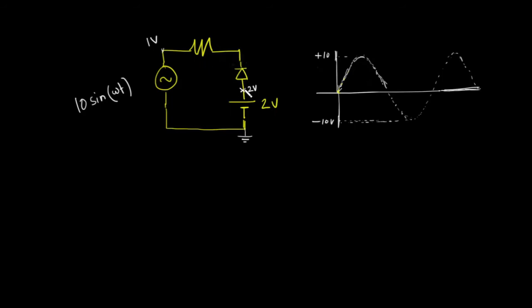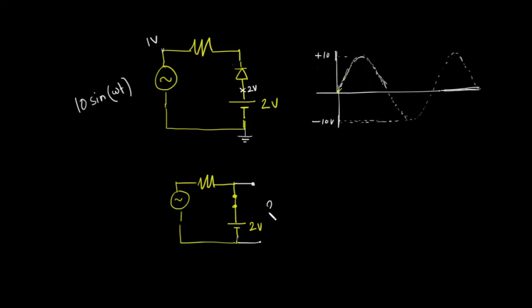So in any case, this point will be at a lower potential than 2 volt. Since the cathode is at a lower potential than the anode, the diode will turn on. If the diode turns on, as before, I can replace it with a short circuit. I have a resistance and I can draw a short circuit here, and I have my 2 volt voltage source. So what will be the output voltage now?